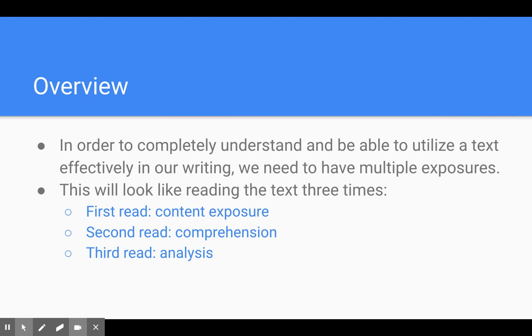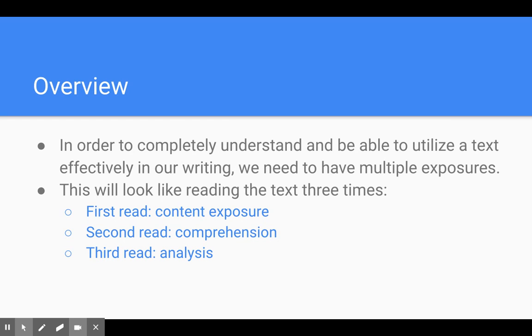The overview: the reason why we do 3 reads is in order to completely understand and be able to utilize a text effectively in our writing. We need to have multiple exposures. Reading something one time is not adequate. We can't fully understand what it means.